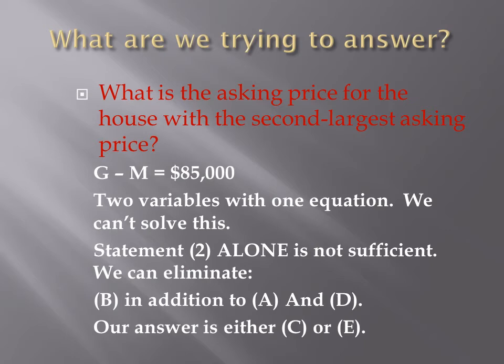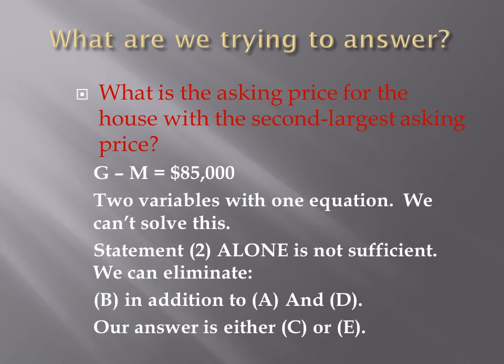What is the asking price for the house with the second largest asking price? Our equation again is G minus M equals $85,000. We have 2 variables. We have 1 equation. We don't know any additional information. We can't solve for any additional information, and therefore we know that statement 2 alone is not sufficient. Based on that, we can now eliminate answer choice B in addition to answer choices A and D.